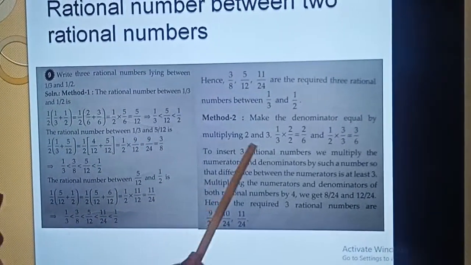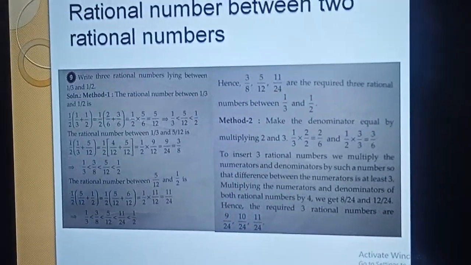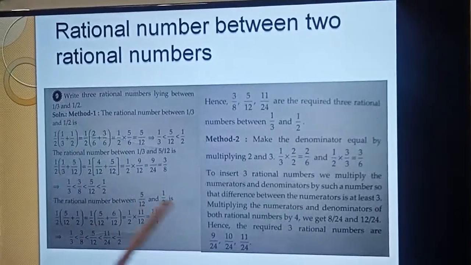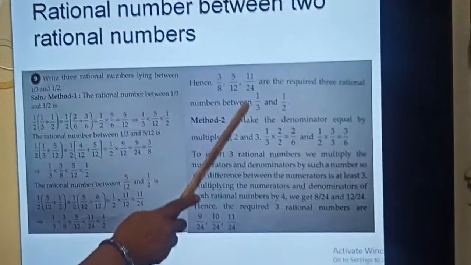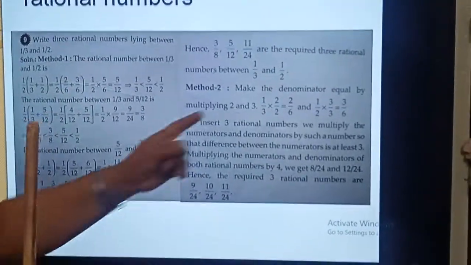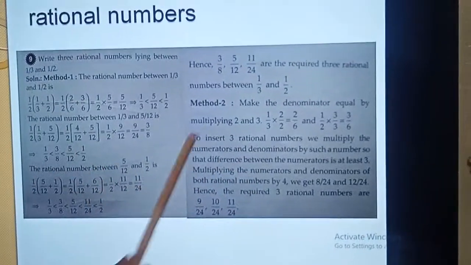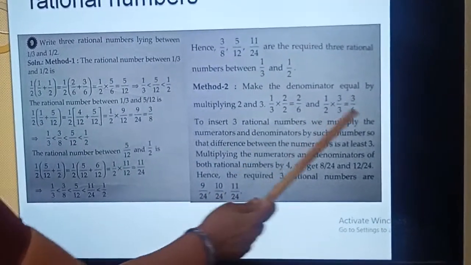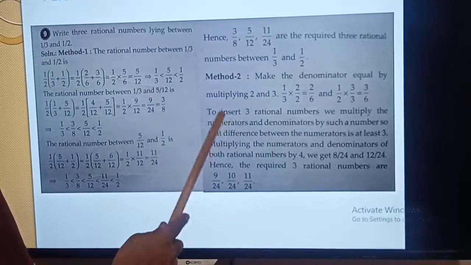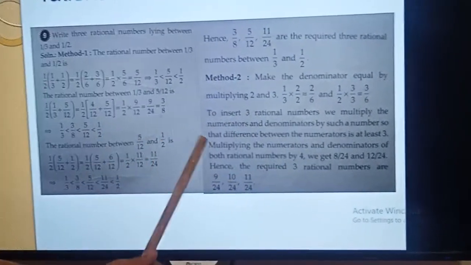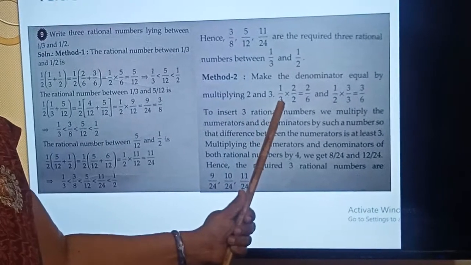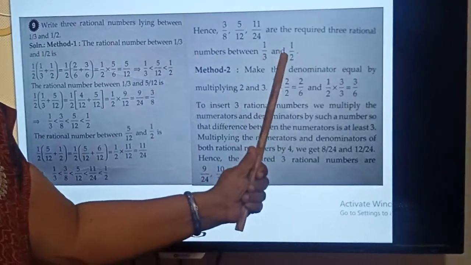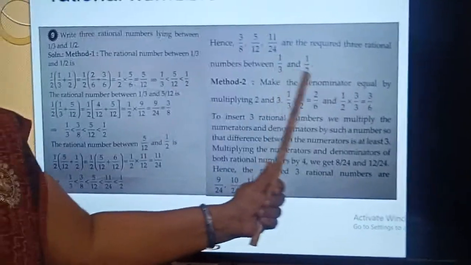Method 2 is the LCM method. In simple words, we have to make the denominators of the given rational numbers equal by finding the LCM. So here we have 2 by 6 and 3 by 6. See, 1 by 3 and 1 by 2. I want to find rational numbers in between these two.